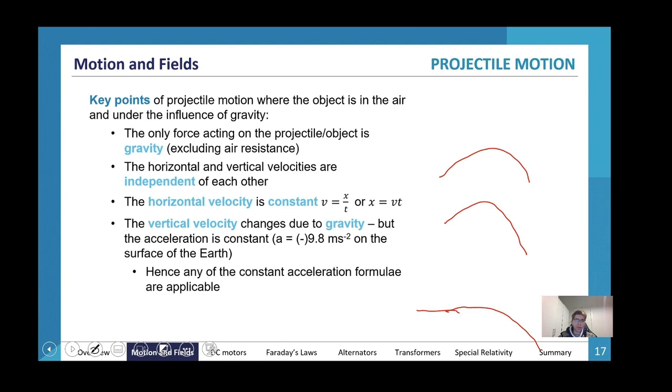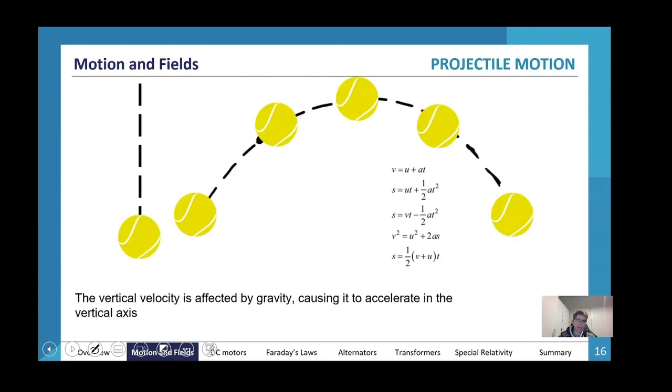But you do need to qualitatively interpret what impact air resistance has on the projectile. Air resistance affects the projectile path.